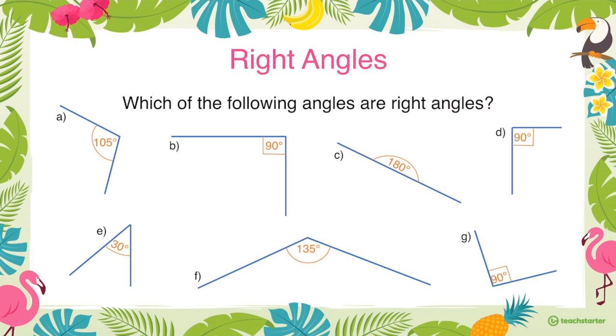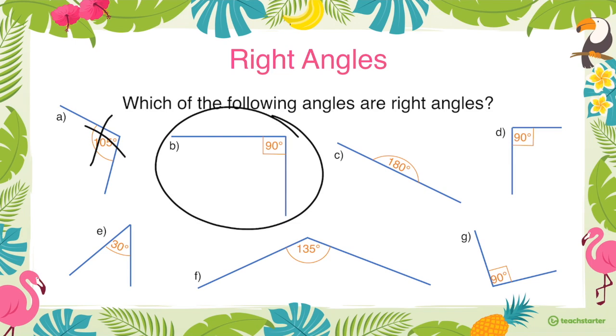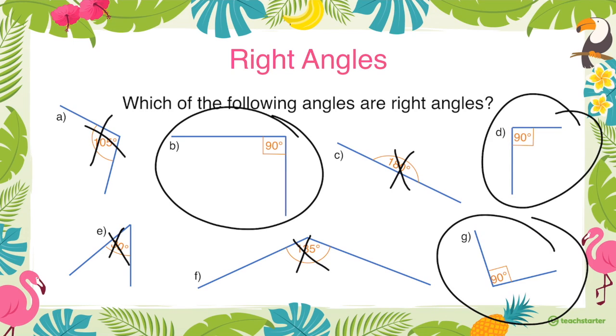So, we can look for the box. So the box makes it really easy, but it's always going to be exactly 90. So 105, not 90. 90, yes. 180, nope, that's not 90. That's 90. That's not 90. That's not 90. That's 90. So right angles are really easy to identify because we have to look for exactly 90 degrees.